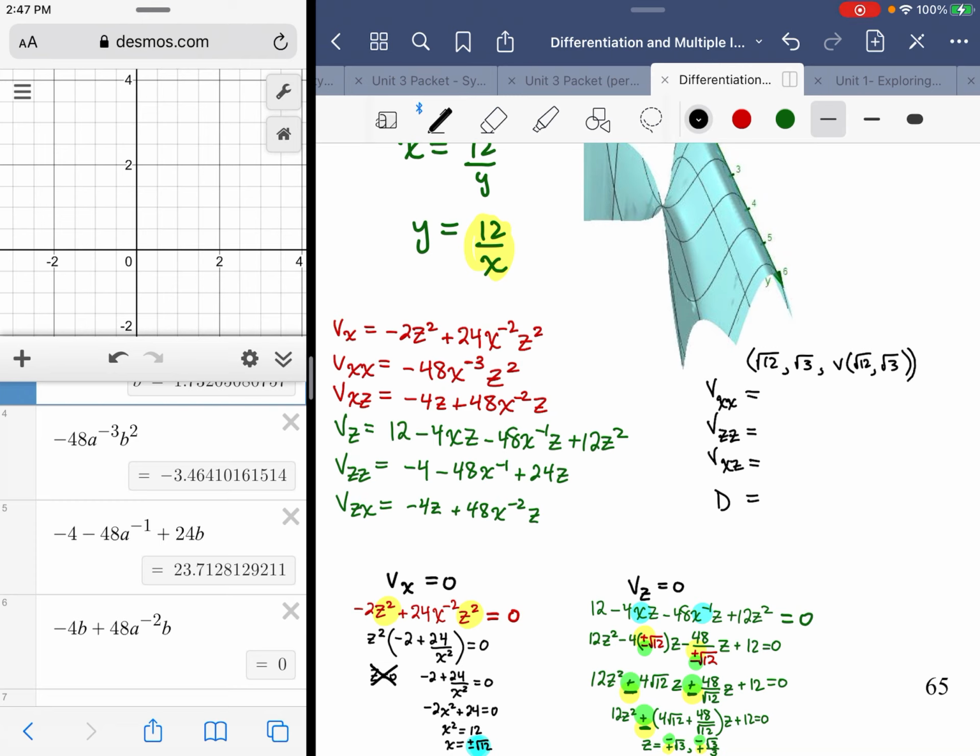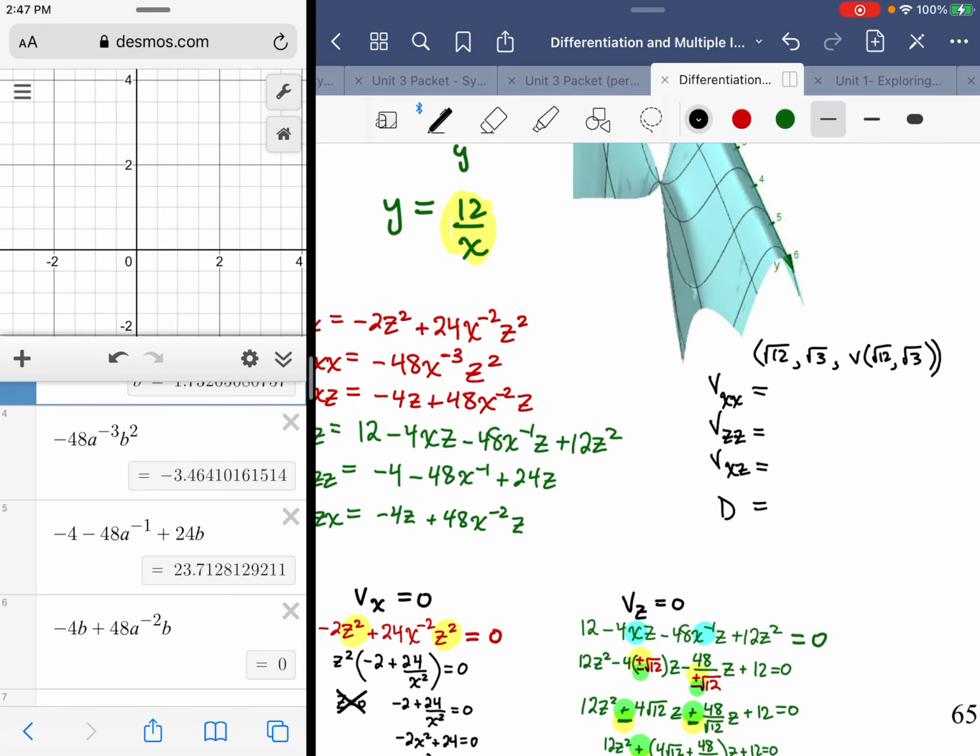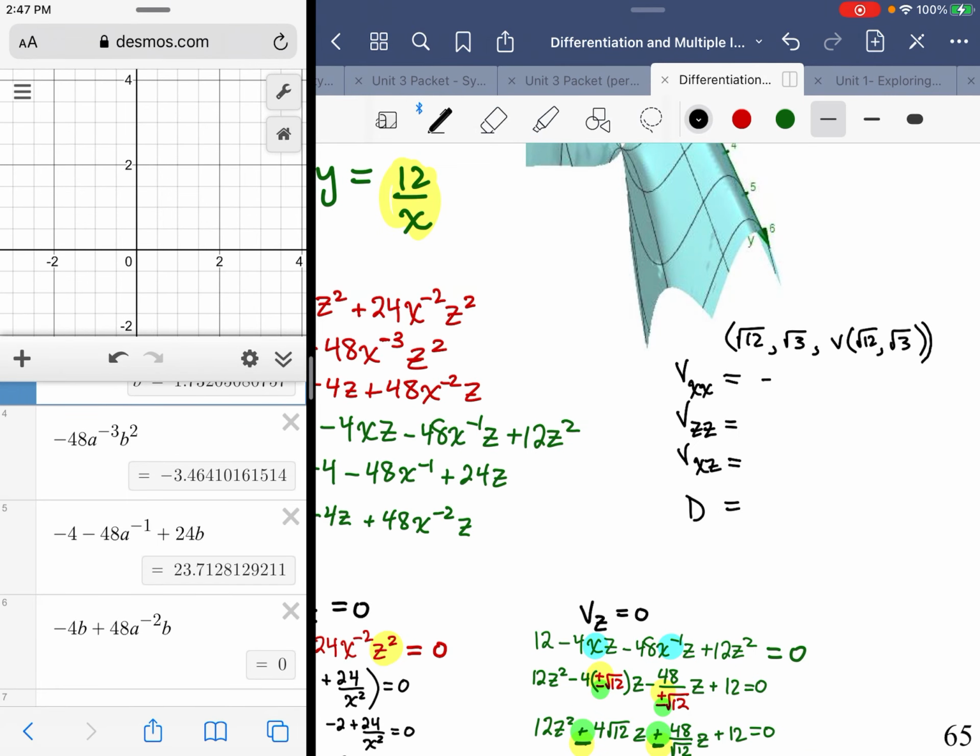We get some negative values here, and that's all right. XX is approximately negative 3.464. ZZ is 27.713.